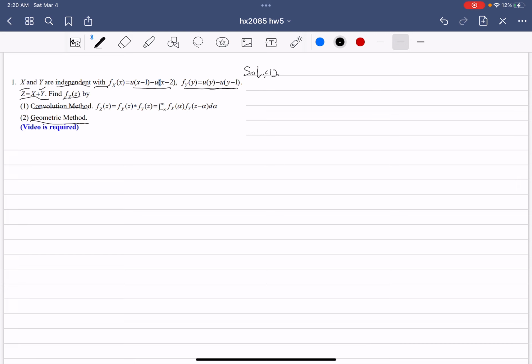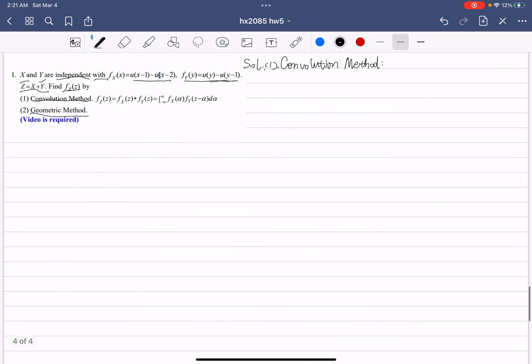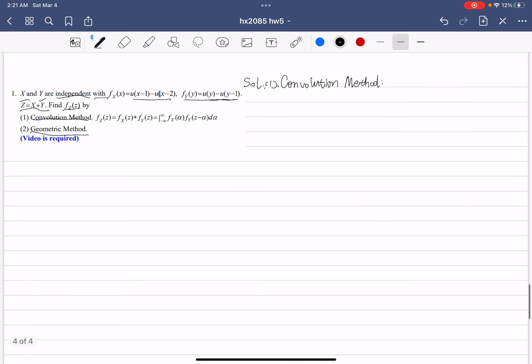Let's do the first part, which is the convolution method. First, we can calculate the probability density function of z for z equals x plus y.